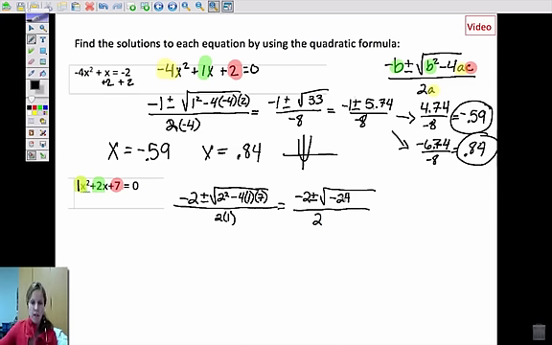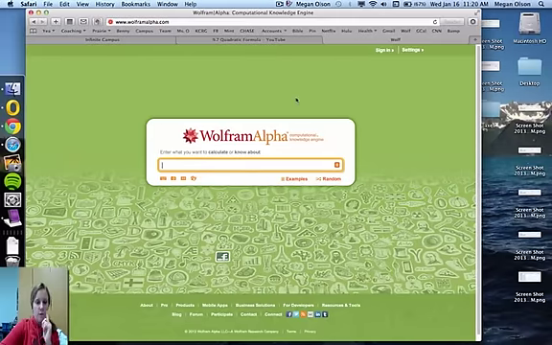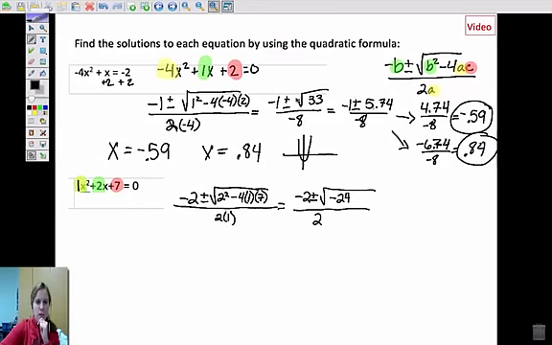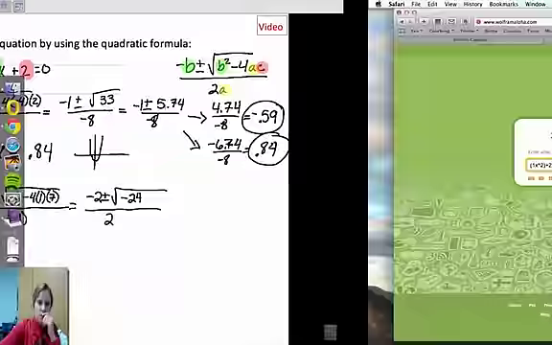Here's what's wrong. We have a negative under our square root symbol. You cannot take the square root of a negative number. It does not exist. We can look at this on Wolfram Alpha. Our equation was 1x squared plus 2x plus 7.